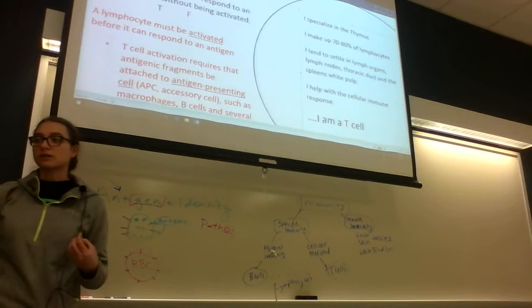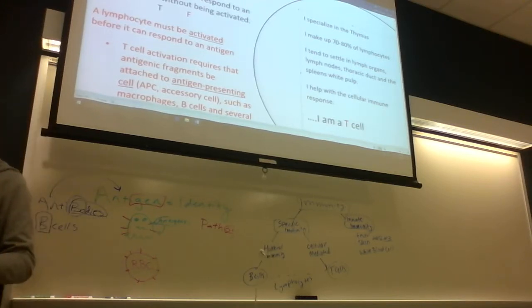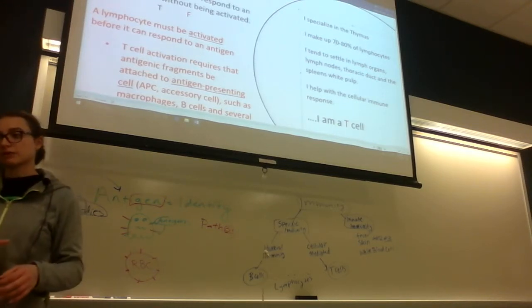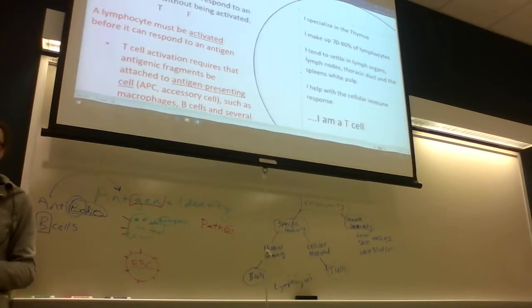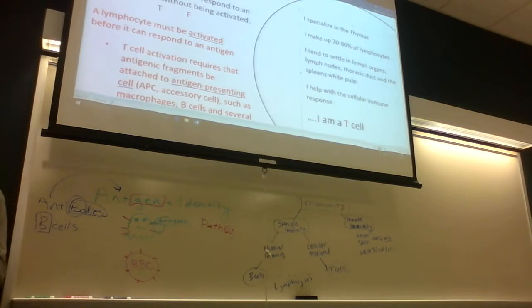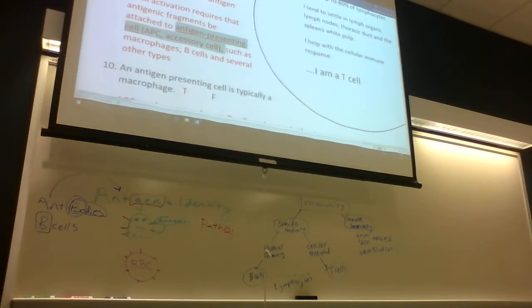T cells settle in the lymphatic organs, the lymph nodes, thoracic duct, and the spleen's white pulp, and they help with a cellular mediated immune response. So number 9: a lymphocyte can respond to an antigen without being activated. This is false. In order for a T cell to actually work, it needs help. It needs to become activated by an antigen presenting cell, which can be a macrophage, B cell, or other type of cell.